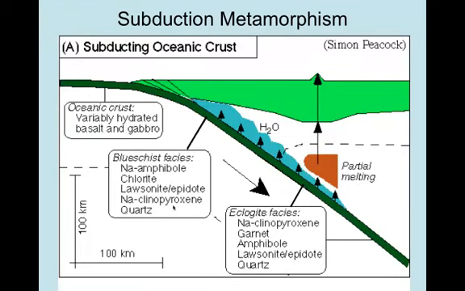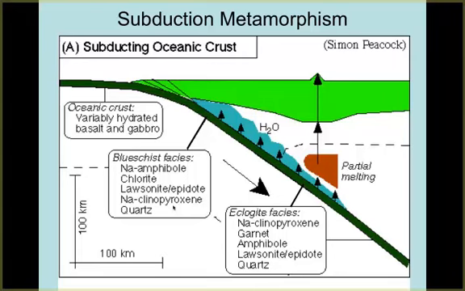Now we focus on subduction zone metamorphism for now. In a typical subduction zone, we have oceanic crust being subducted beneath a continent. And I've described metamorphic processes taking place within the subducting slab.